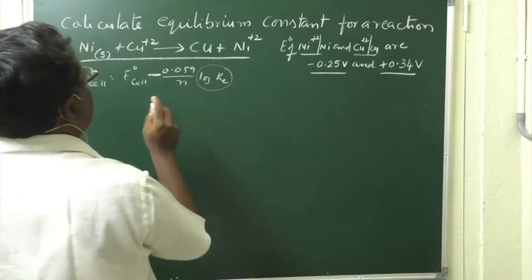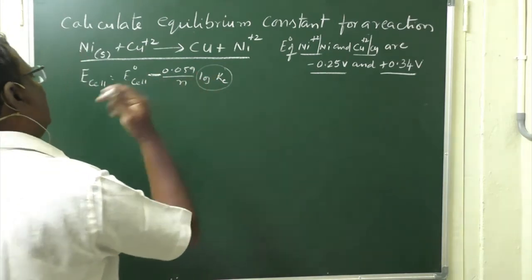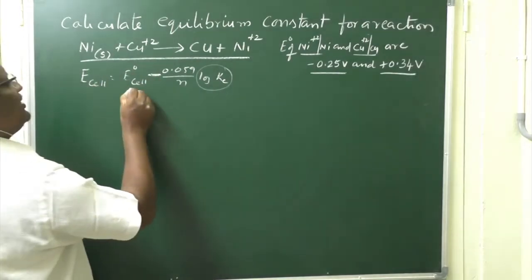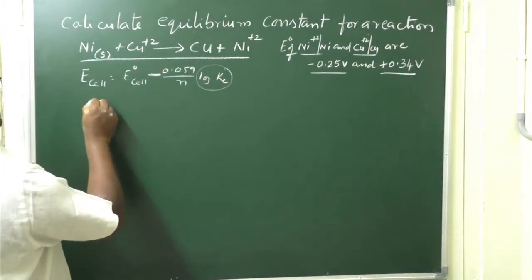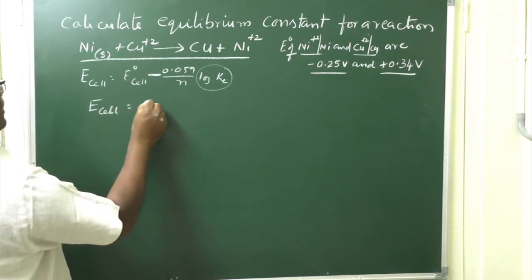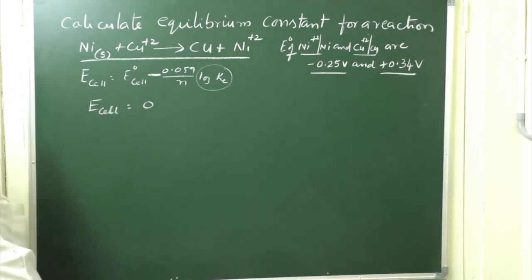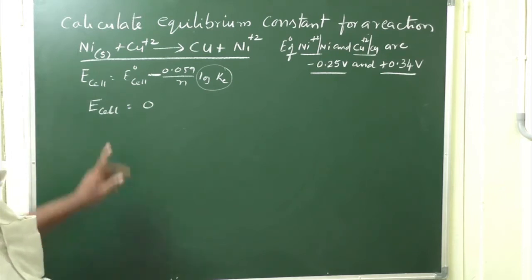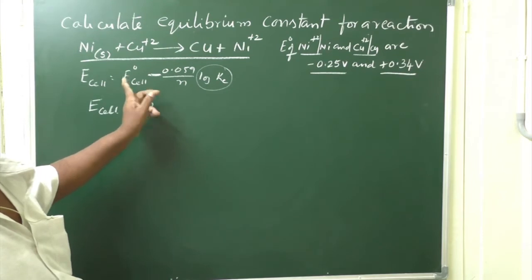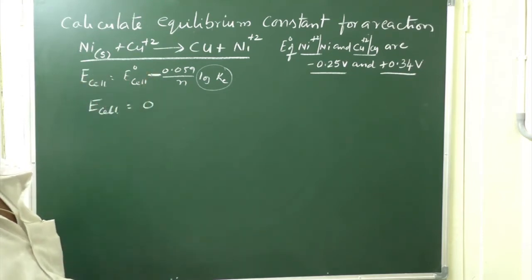Equilibrium constant means when the reaction is in equilibrium, when the cell is in equilibrium, the potential of the cell will be 0. EMF of the cell is 0 when anode and cathode half reactions are in equilibrium.